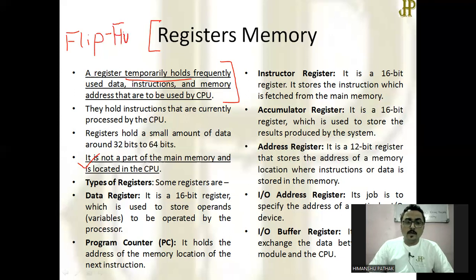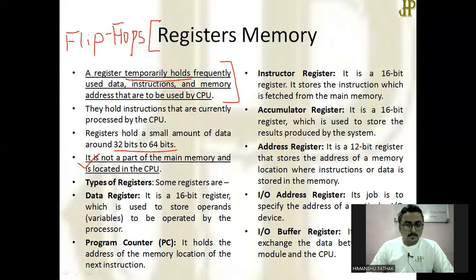These flip flops are none other than the bit representation, 0 or 1. So here you can see that a register can hold 32-bit to 64-bit amount of data. It is a smaller one, but very efficient.